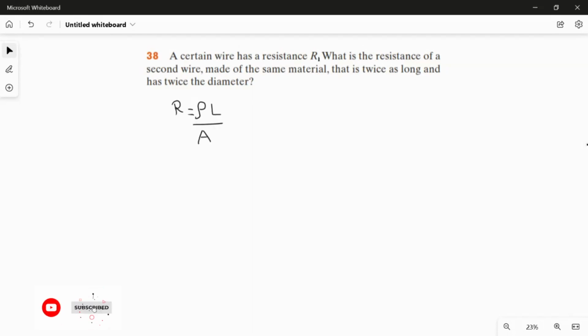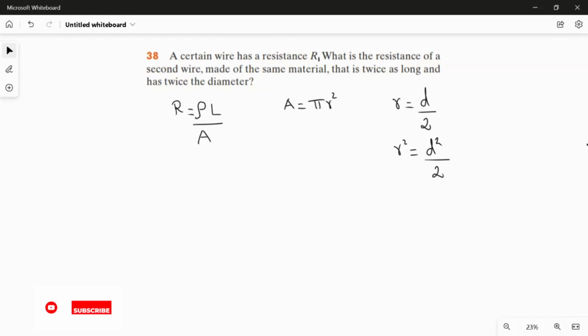The cross-sectional area of the wire is the area of a circle, which is pi r squared. Since the question gives the diameter, we have to convert the radius in terms of diameter. The radius is equal to the diameter divided by 2. Therefore, the radius squared is equal to the diameter squared over 4.